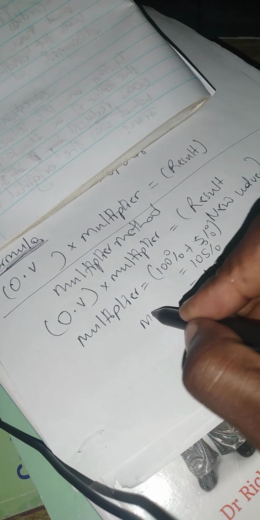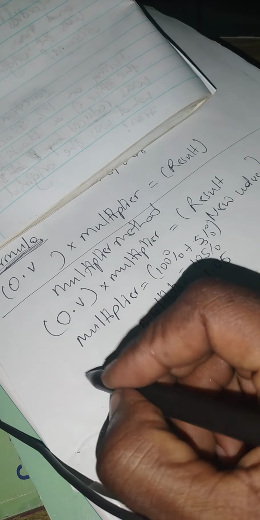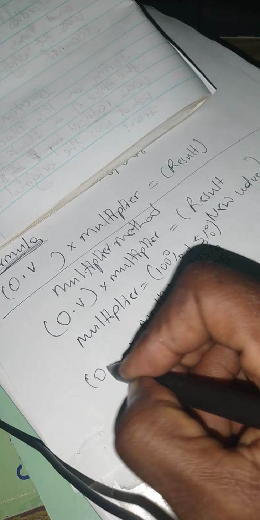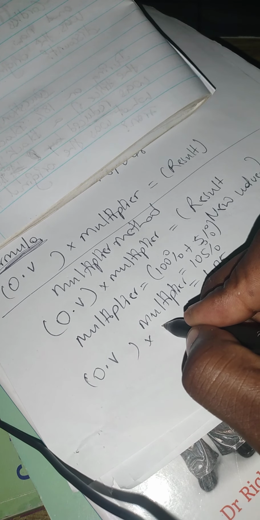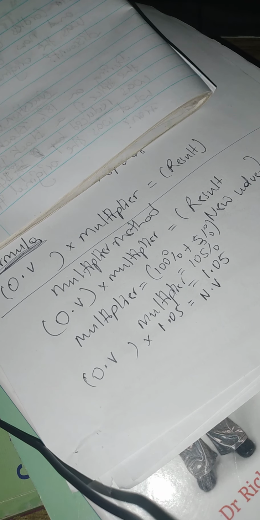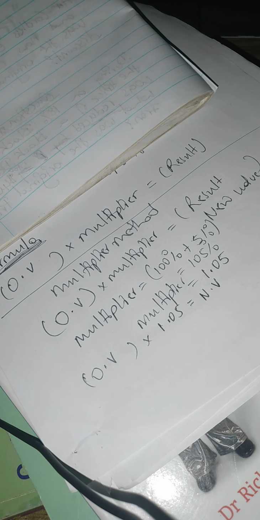So this is the multiplier. Now, the original value was not given, and the new value was not given. So you only have the multiplier, with the original and new value, which are 2 unknowns. Understand? This is actually 2 unknowns.